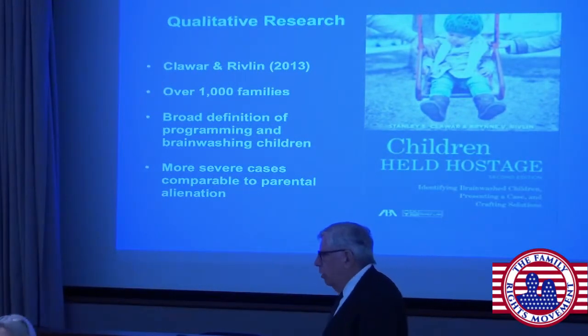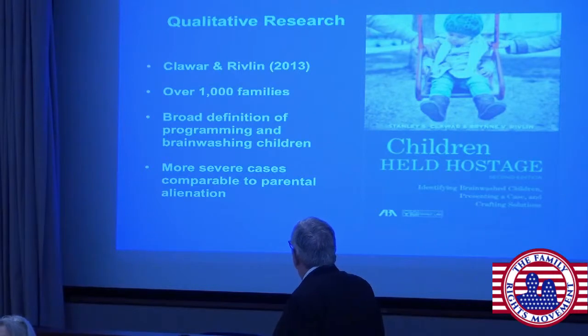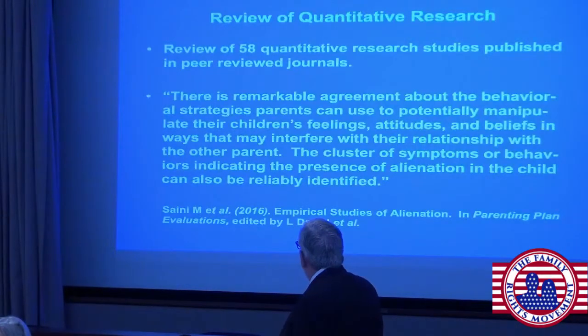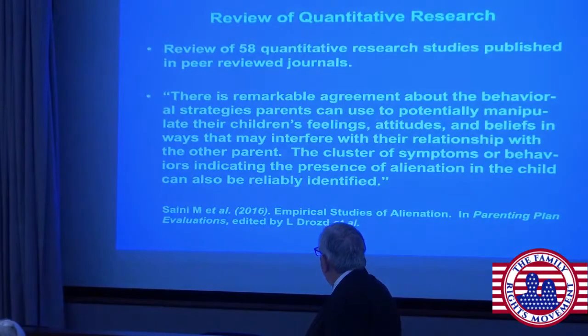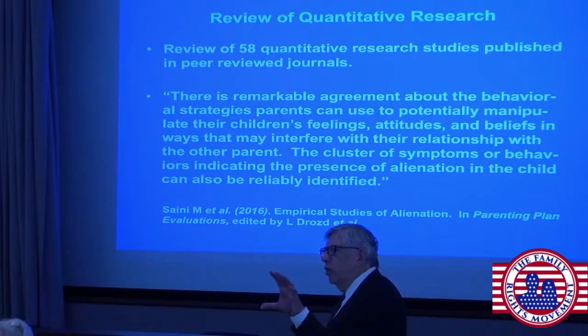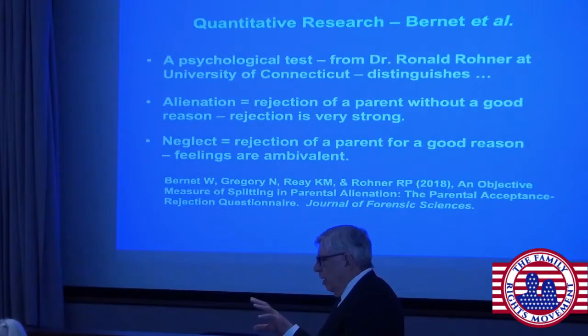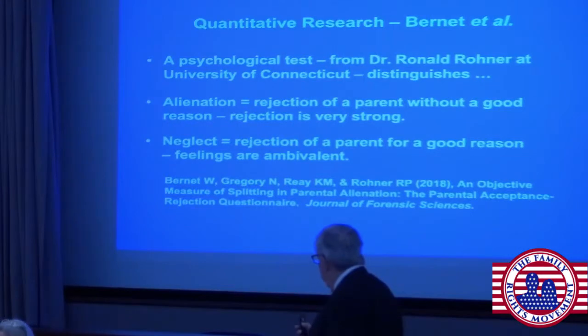Okay. And this is research that was actually sponsored by the American Bar Association. There have been other people who have said that the quantitative research helps to prove those 17 behaviors and the 8 symptoms. This is some research that I did with this professor who's from the University of Connecticut.